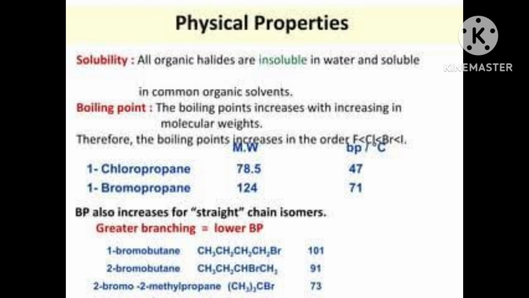Like that, with cyanide, KCN plus alkyl halide, the halide will be replaced with cyanide. Then it will be called RCN. RCN is called cyanide, or the other name is nitrile. Very simple reaction.